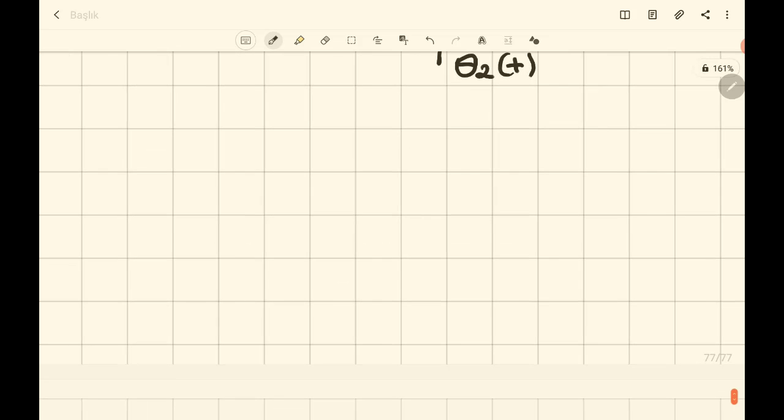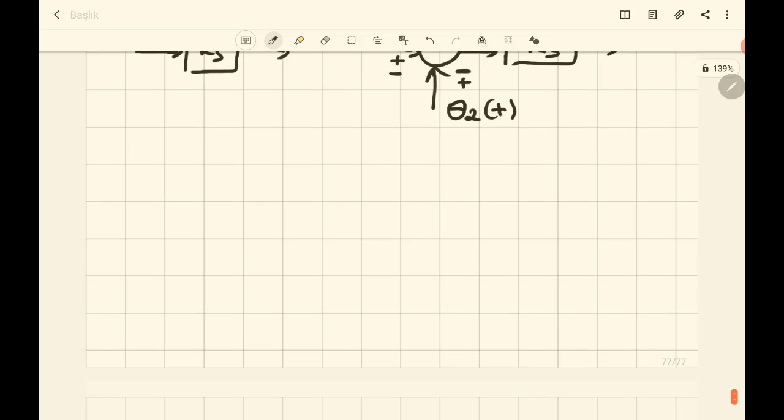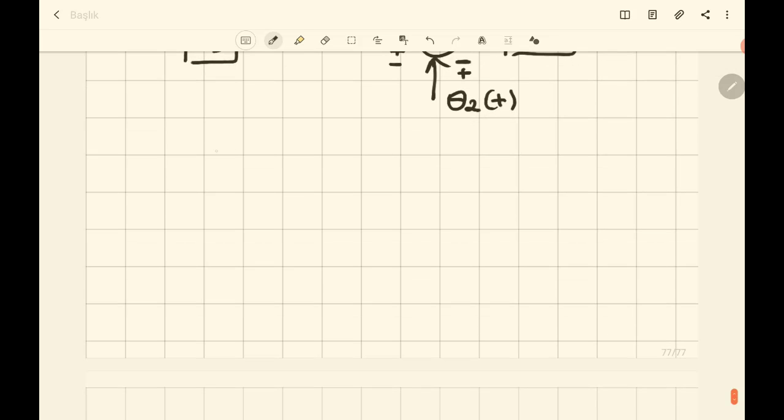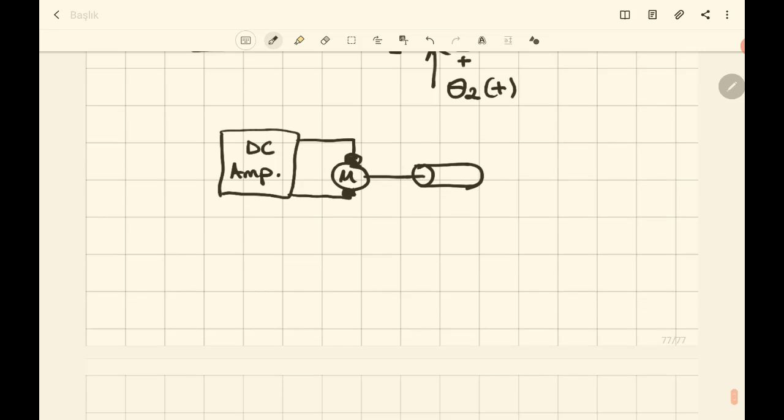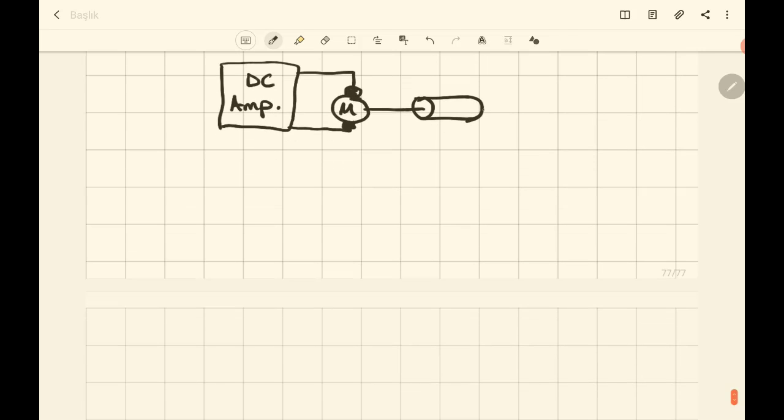Maybe we can show it on the DC motor control. We have a DC amplifier connected to the DC motor, like that. We have a load here connected to the DC motor, and then we have a potentiometer.